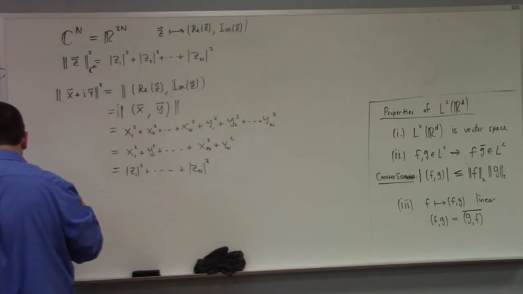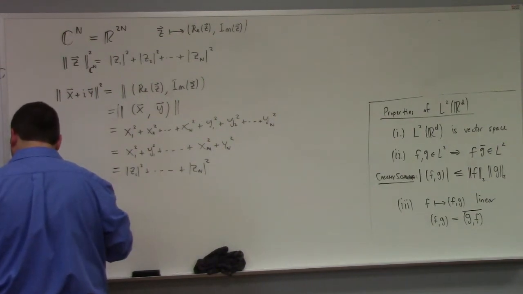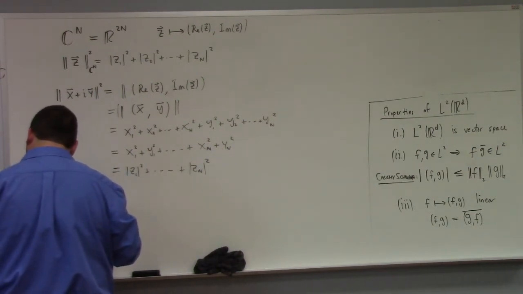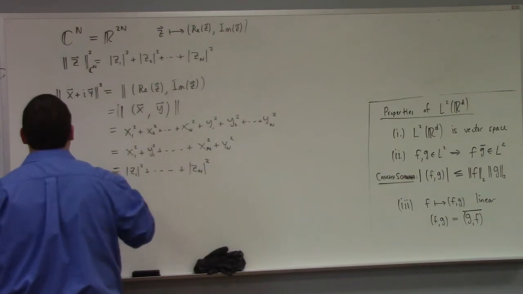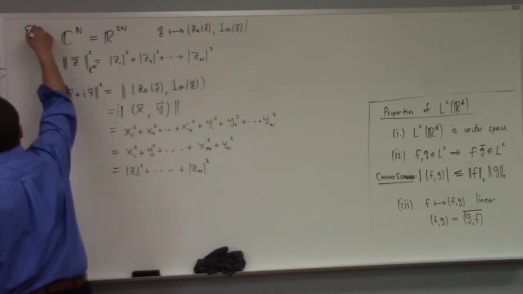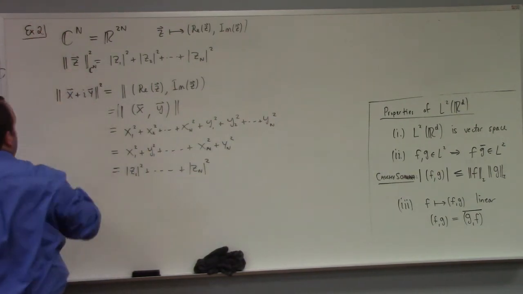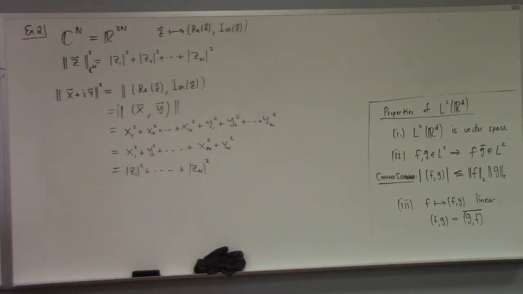So his example, I think this was example 2. I just erased example 1. Example 1 was the one I've been talking about. The square integrable functions was example 1 of Hilbert space.